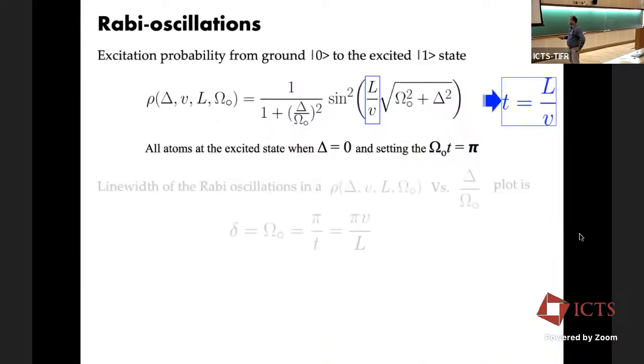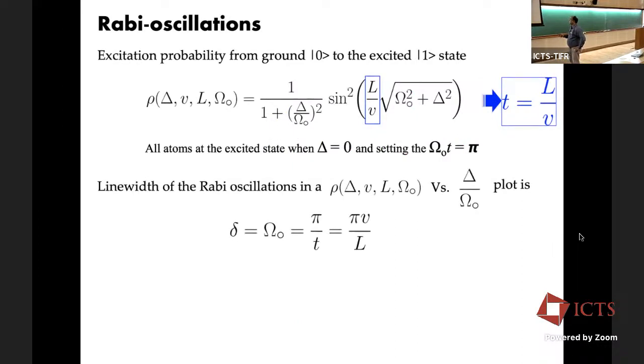That is this line width, this delta, which is nothing but omega 0. And if my omega 0 t equals pi, if this condition is satisfied, then omega 0 becomes pi over t, and t is L by V. So putting that in, it becomes pi V by L. So the line width of my Rabi oscillations will depend on the interaction length and the velocity of the atoms.